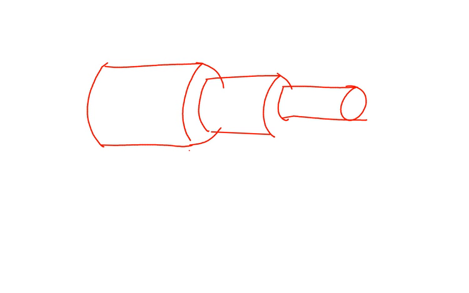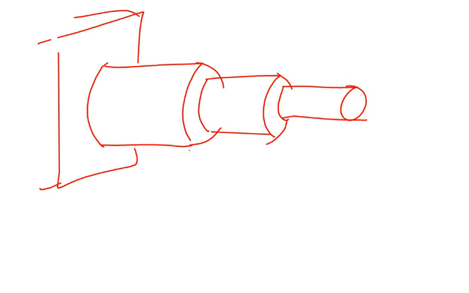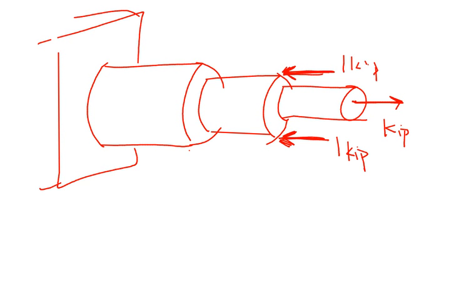I'm still going to fix this end. That's fixed. I'm still going to apply 1 kip at the end here. But now, let's say I'm going to push on there with 1 kip and 1 kip. The reason I'm putting these forces in 2 places is just so I don't get a moment, right?